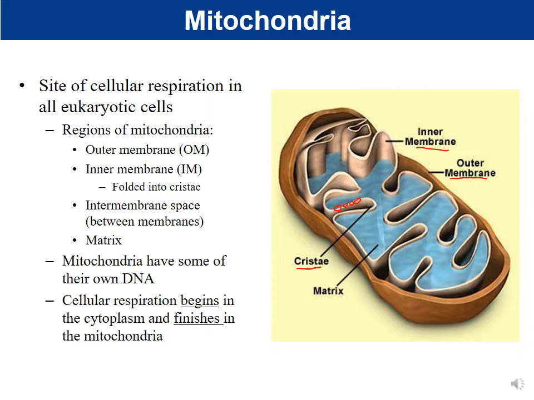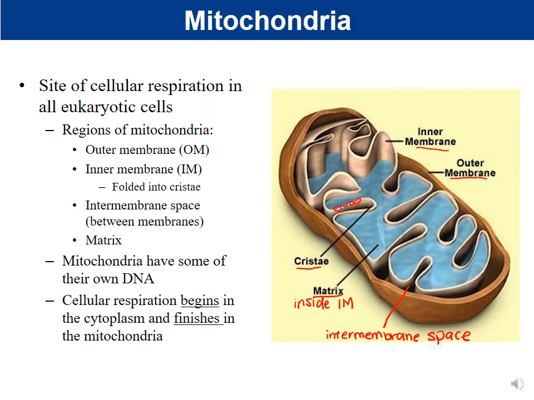Now, in terms of compartments, because we have this two membrane system, the matrix is the space inside the inner membrane. And we have the space between the two membranes, which is called the intermembrane space. So we have two compartments, and that's going to come into play when we start to talk about the electron transport chain. We're going to talk about where each of these steps happens.